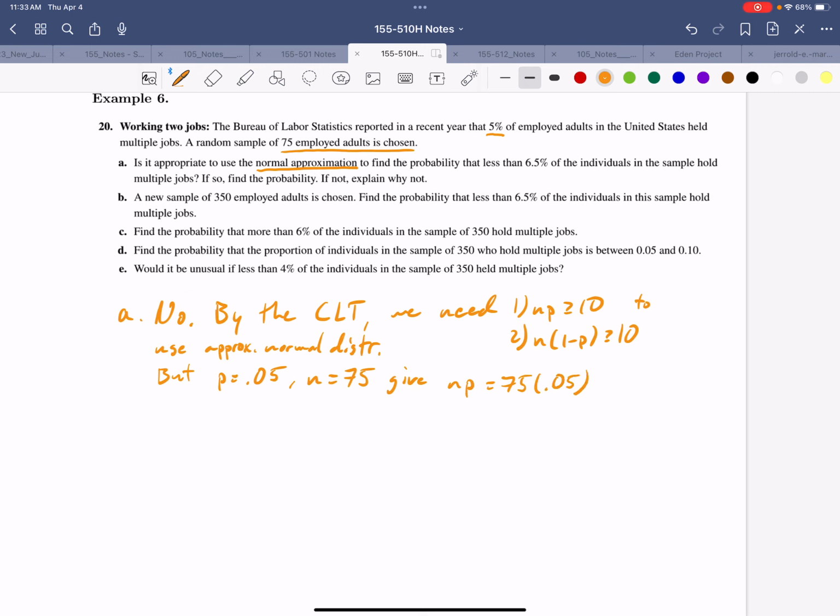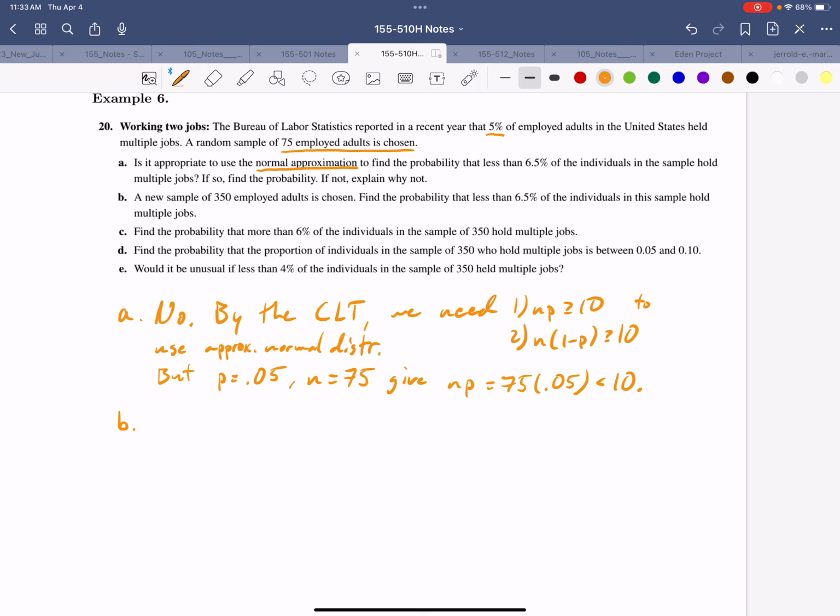It's clearly less than 10. So we can't use the central limit theorem, so we can't use a normal approximation. The central limit theorem does not apply. It's possible that maybe it's normal, but we don't know that, so we're not going to do it. We don't know the distribution of the multiple job employment rate.